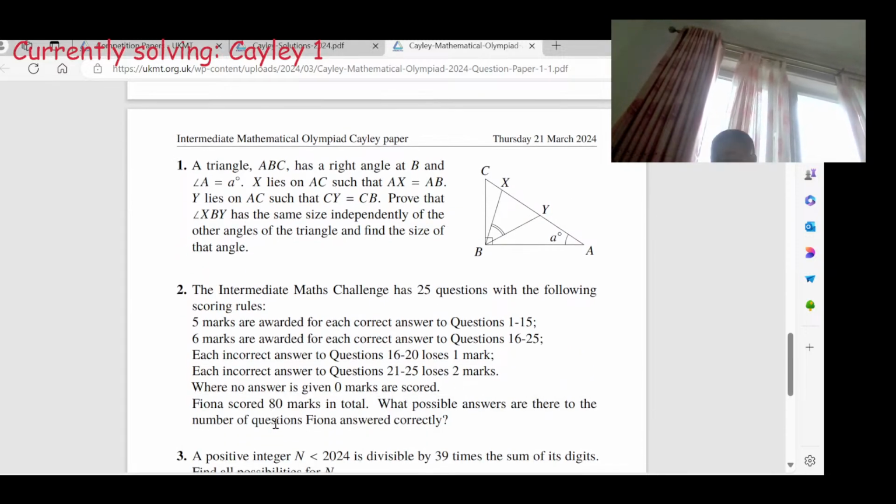Alright. Question 1. Right angle B, angle is alpha, X on AC, so that AX equals AB. Oh my god. Oh, hell no. What the hell? Okay, so ABX is 90 minus A over 2.